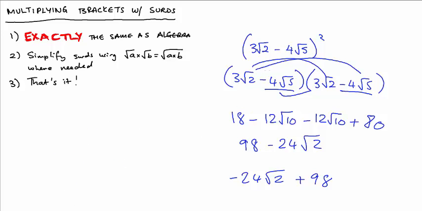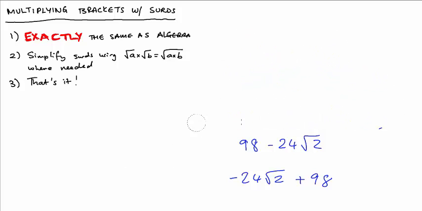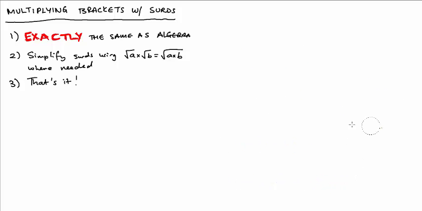Do I have any more to say on this? Let me have a think. Got nothing in my little notes here. No, I have nothing more to say on that. If you've got to multiply stuff together which has surds, just remember you take exactly the same steps you would with algebra.